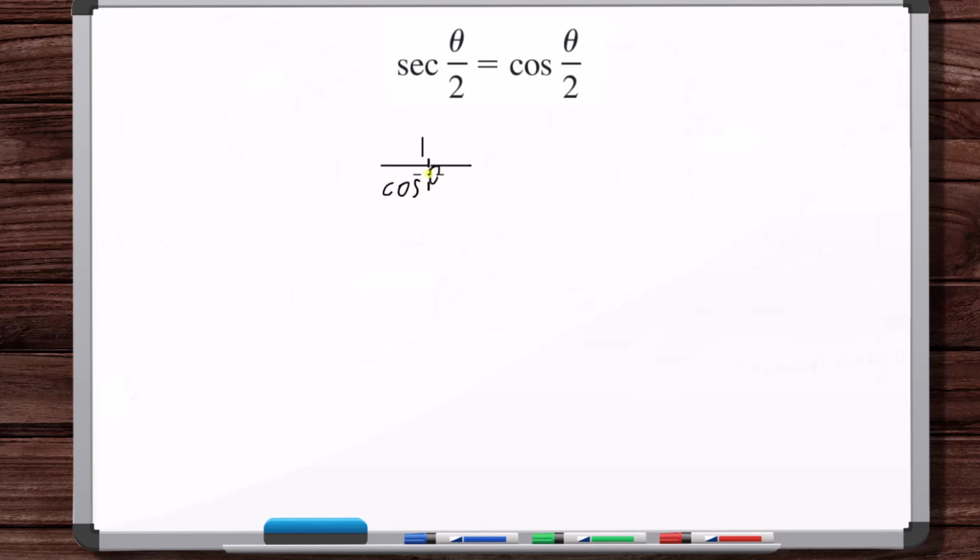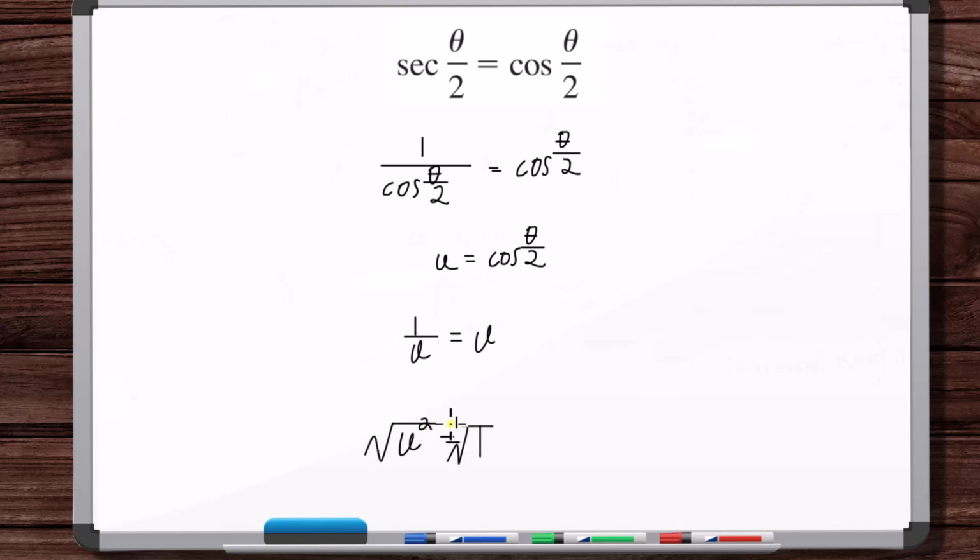So no, we don't need to convert it to single angle, because now we can say, okay, u is cosine of theta divided by 2, so 1 over u is equal to u, so u squared is equal to 1. Okay, so we've got cosine of theta divided by 2 is equal to 1, or cosine of theta divided by 2 is equal to minus 1 satisfies this.